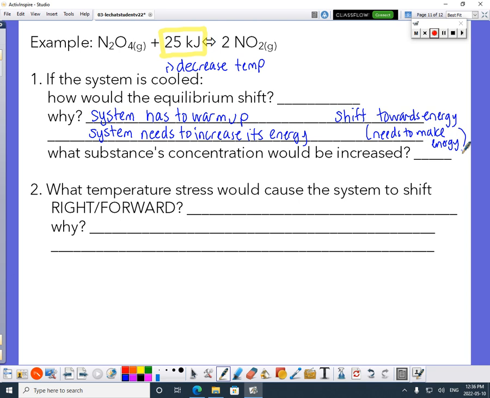So again, all three of those things mean the same thing. And you do not need to write all three when you're doing a test or whatever. I recommend you write all three right now. But choose which way you like the best to think of it, okay?